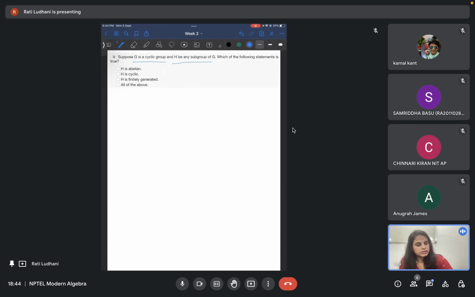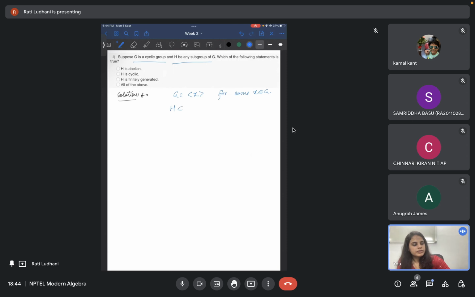Okay, let's see what we have. G is given to be cyclic. So can I write it is generated by some element x, for some x belonging to G, because this is a cyclic group, so it is generated by just one element.